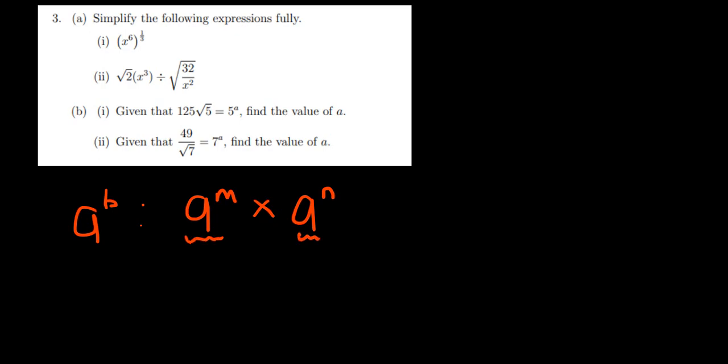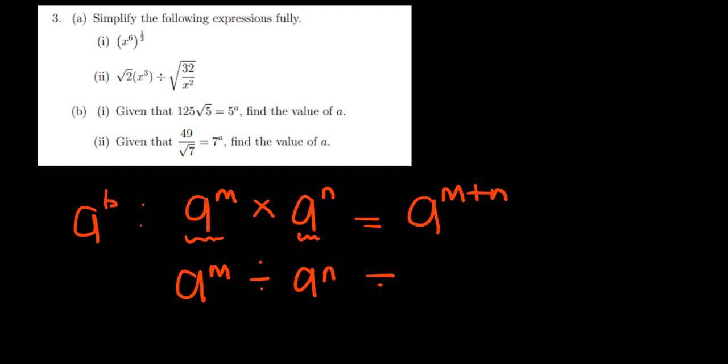So this is the same as a to the power m plus n. That's the first law. The other one involves division. If I have a to the power m and I'm dividing this by a to the power n, this will be the same as a to the power m minus n.